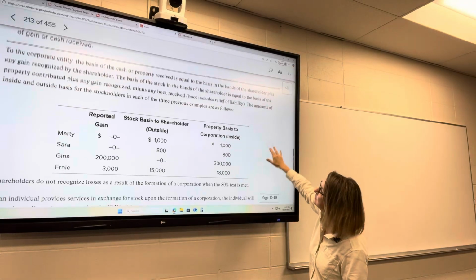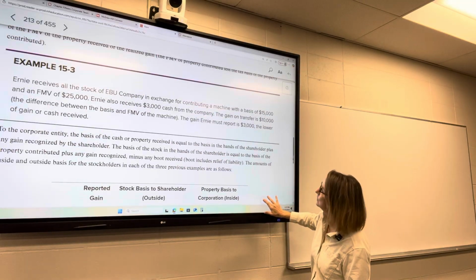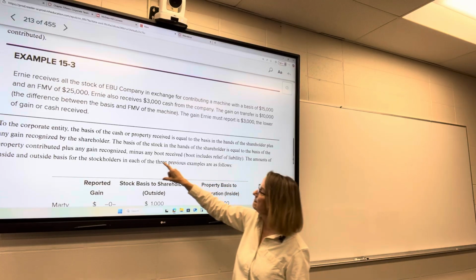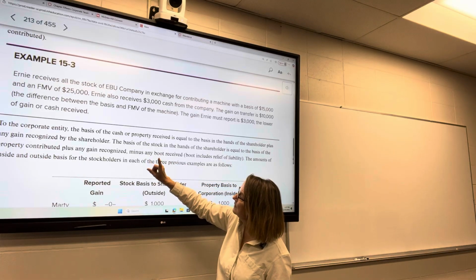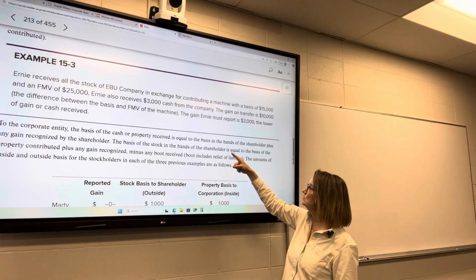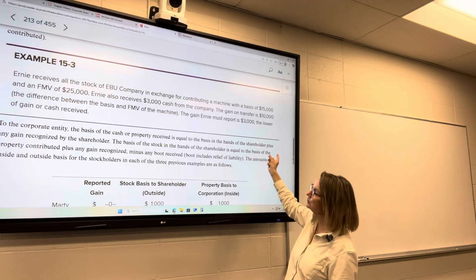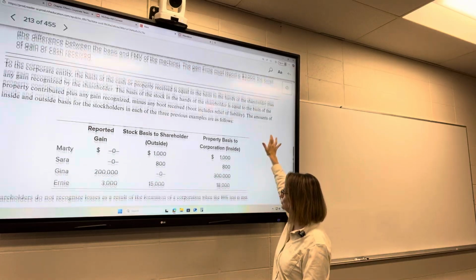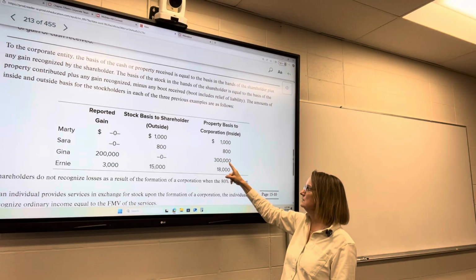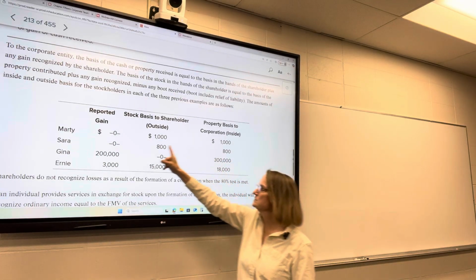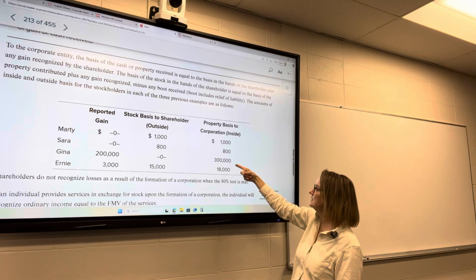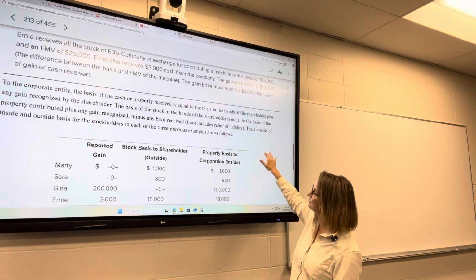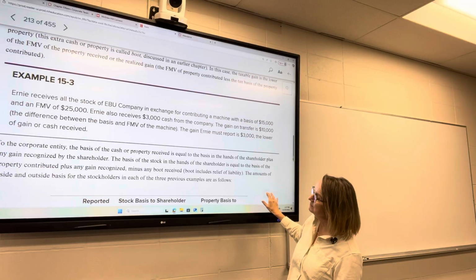So Gina's is a little bit more complex. Remember, it's going to be basis in stock in the hands of shareholders. Basis of the cash or property received is equal to the basis in the hands of the shareholder plus any gain recognized by the shareholder. So her basis was $100,000 plus the $200,000 gain that she had to recognize, that's why that's going to be $300,000.